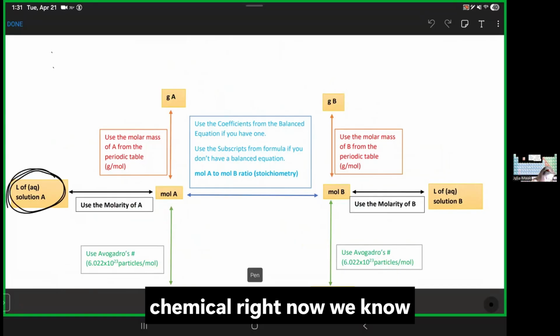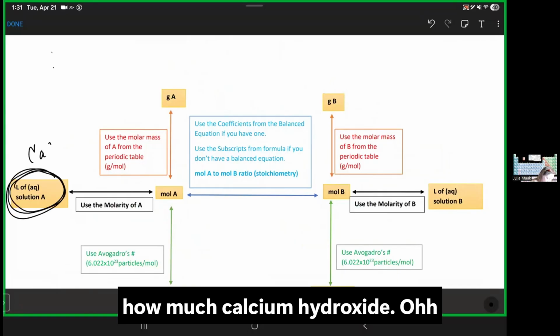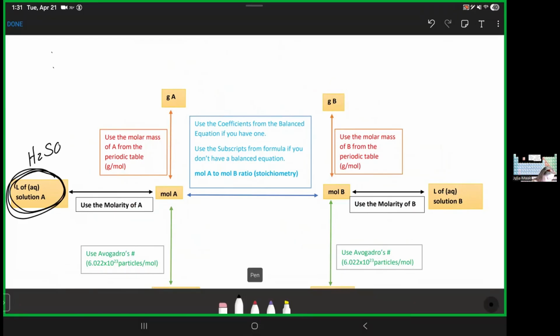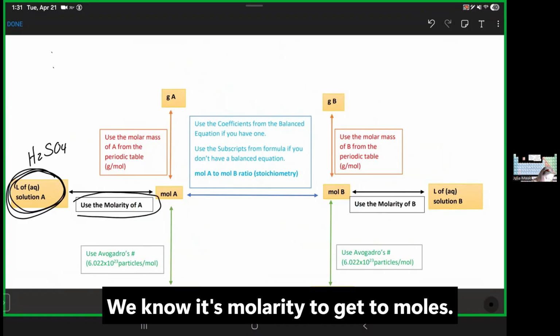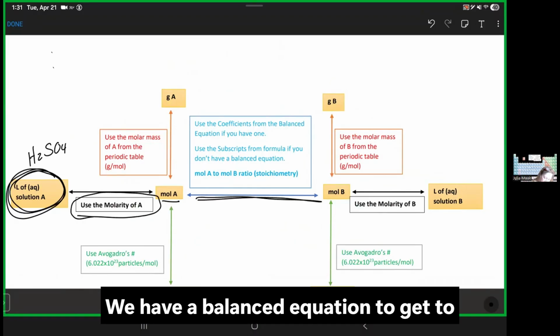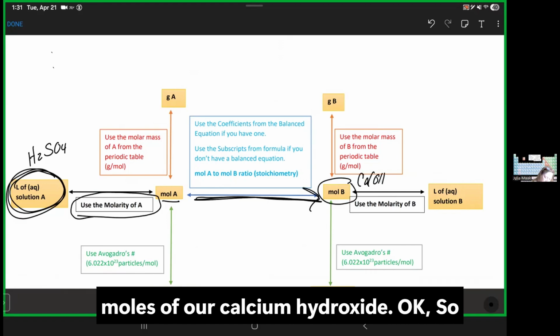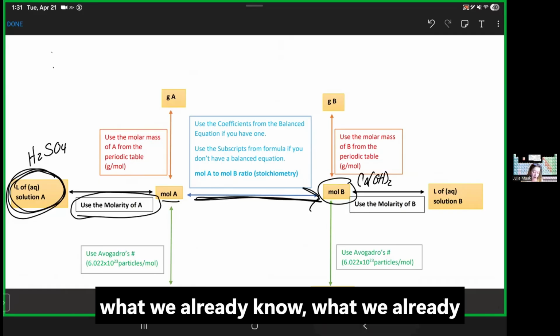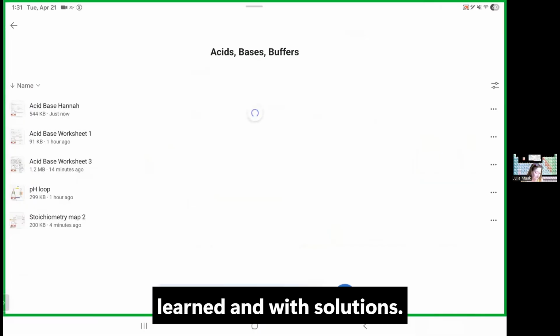Volume of one chemical. Right now we know how much sulfuric acid we have. We know its molarity to get to moles. We have a balanced equation to get to moles of our calcium hydroxide. Okay, so we're just using our map. We're using what we already know, what we already learned with solutions.